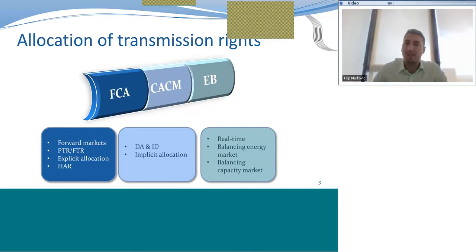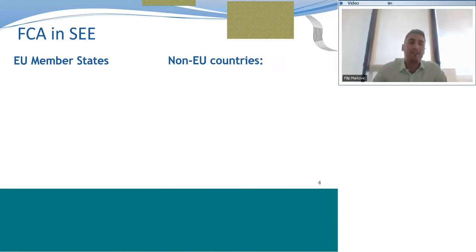These network codes are adopted on the EU level and applied within EU member states, on inner borders between EU member states. Why do I point this out? Because SEE CAO allocates capacities on borders between mostly non-EU countries. There are also some borders between non-EU countries and member states.